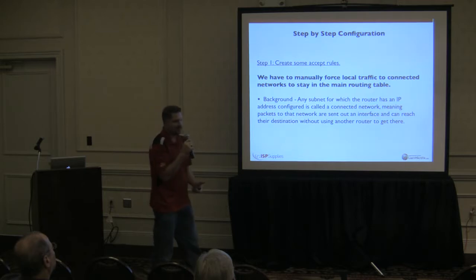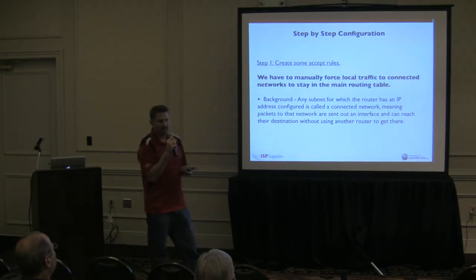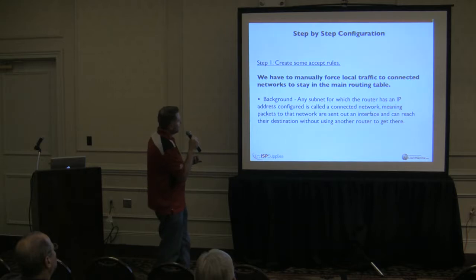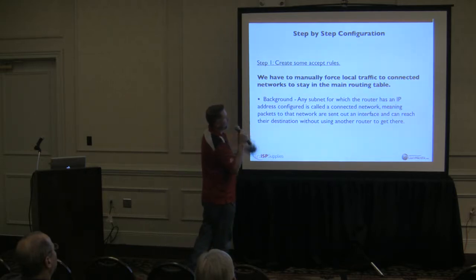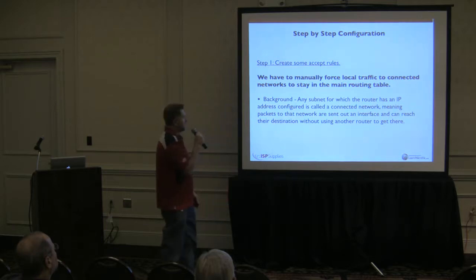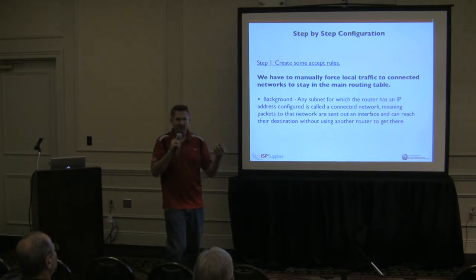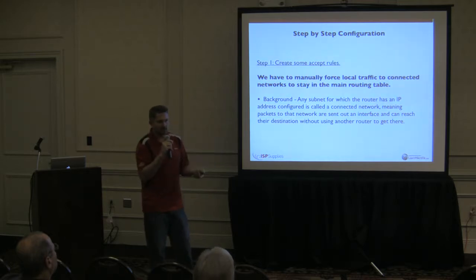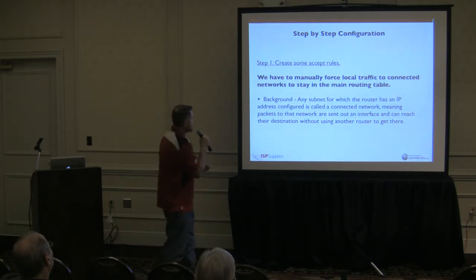So, we have an exception that we have to deal with here. When we start telling packets where to go and bypass the main routing table, packets don't follow their natural flow. So we have to account for that. Any subnet for which the router has an IP address configured on it is called a connected network. So if you have two routers connected together, like your load balancing router connected to your provider's router, they're going to have IP addresses on the same subnet.